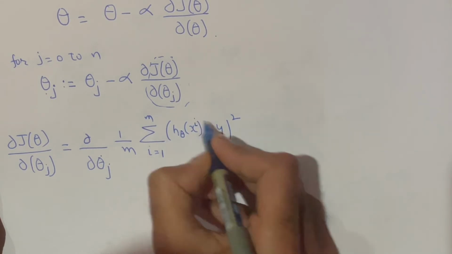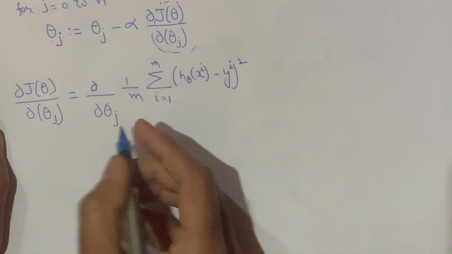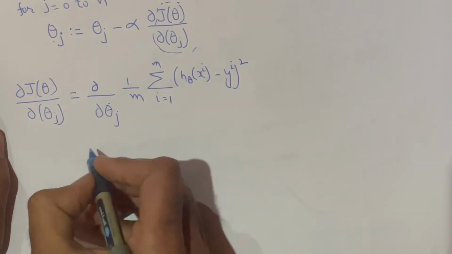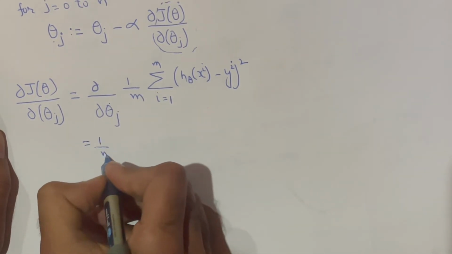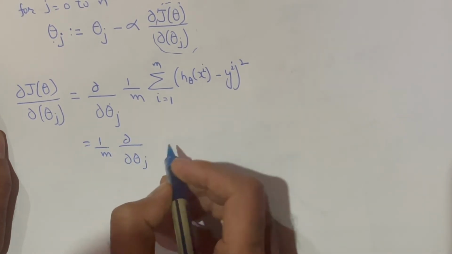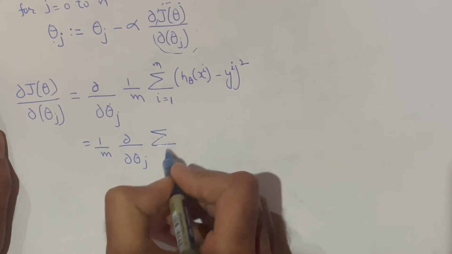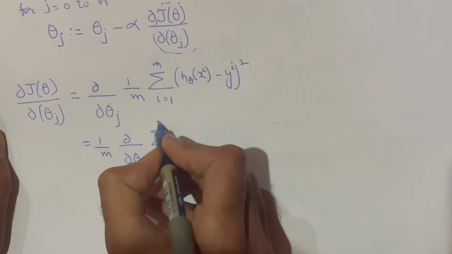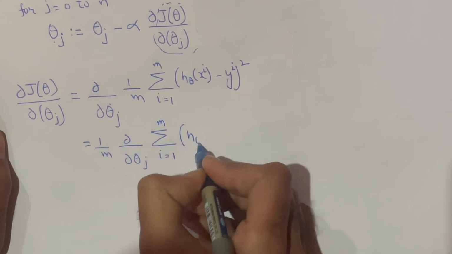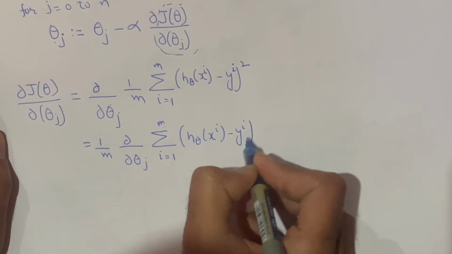Or I can write it like this: take 1 by m outside, it will be 1 by m differentiation of summation i running from 1 to m h of theta x i minus y i whole square.